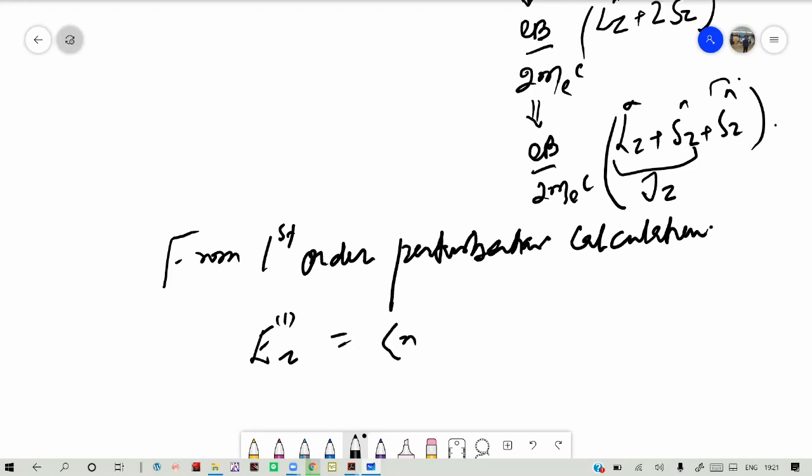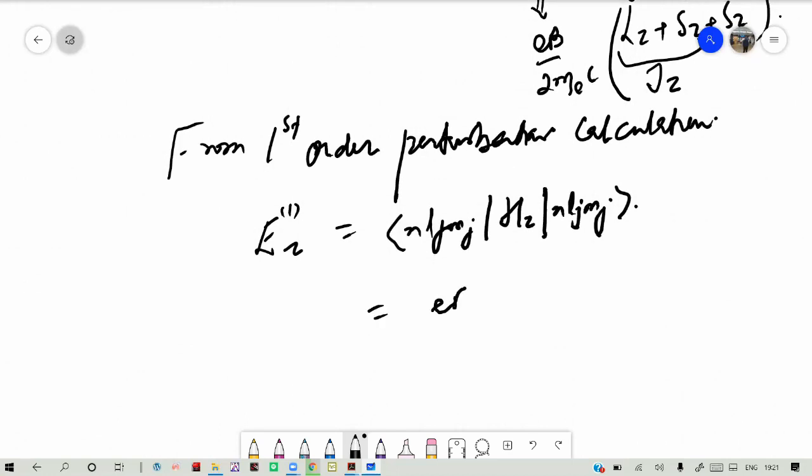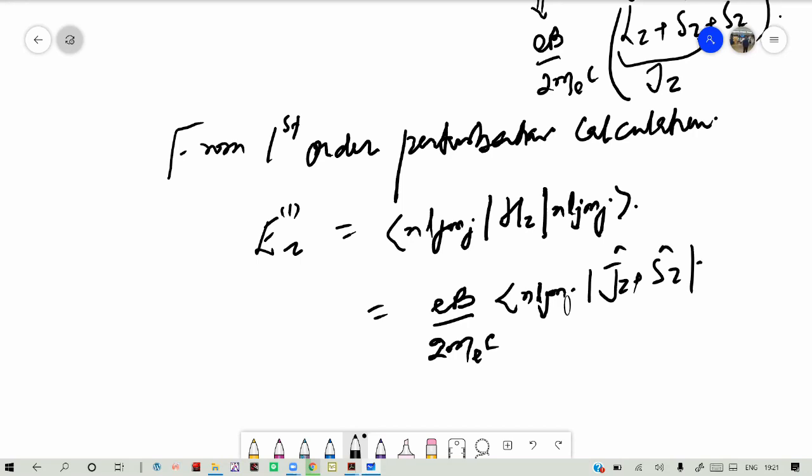So I can write it in terms of eigenvalues, n l j m_j, H_Z, because we are in the J basis, we have to use this angular momentum. So it is eB by 2m_e c, n l j m_j, J_Z plus S_Z.